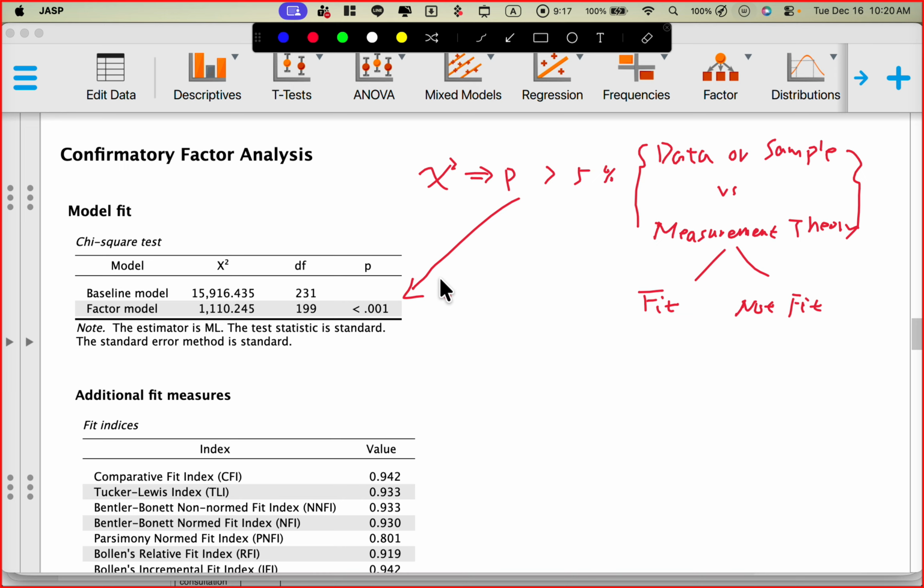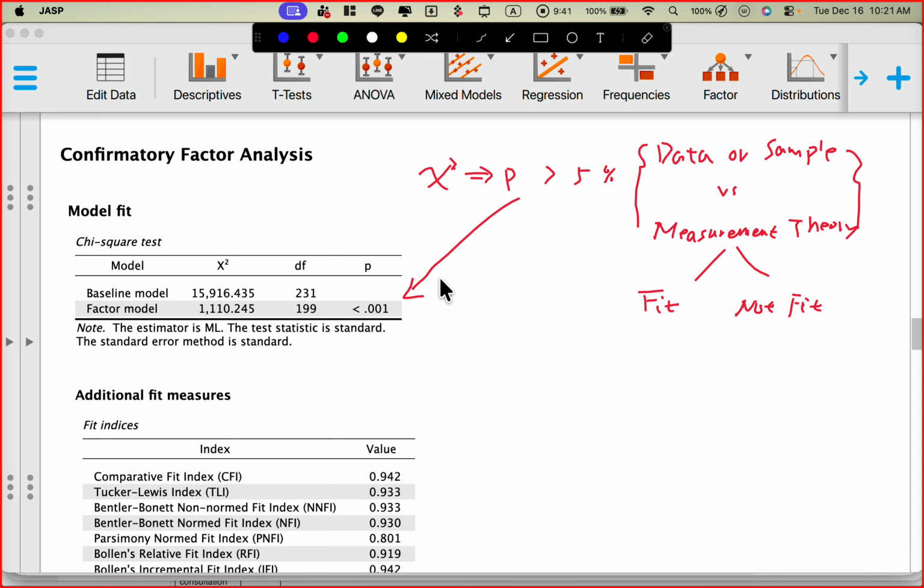So usually you will get a significant p-value. Because we have more than 1,000 data points in our data set, it's very normal to get a significant result. It doesn't mean we fail.